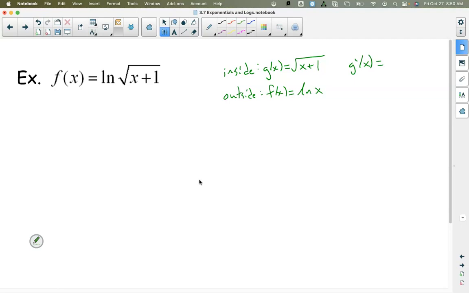Ooh, I have to use the chain rule here. Okay, this is a chain rule in a chain rule. However, the derivative of x plus 1 is just 1. The derivative of the outside at the inside here would be 1/2 x plus 1 to the negative 1/2. So remember, the derivative of the inside here is just 1. I didn't write it, but that's what it is. Derivative of the outside function, 1 over x.